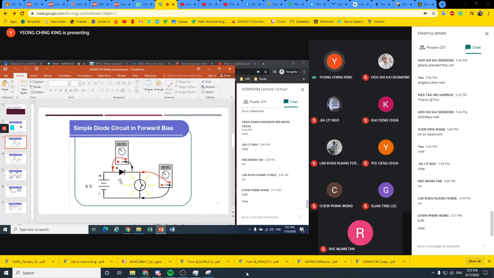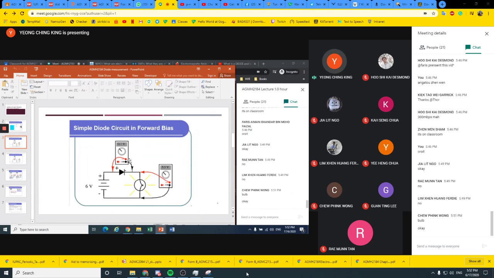When forward biased, your diode behaves as a low resistance. Sometimes in a simpler way, we say if forward biased, your diode is like a short circuit. Because 6 volt is more than the barrier potential of the diode, current can flow, so your LED or your bulb can light on.